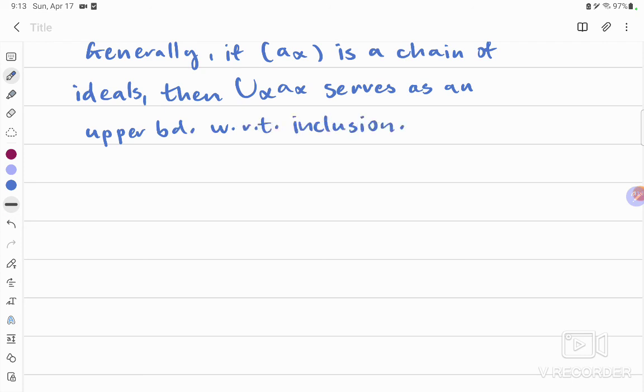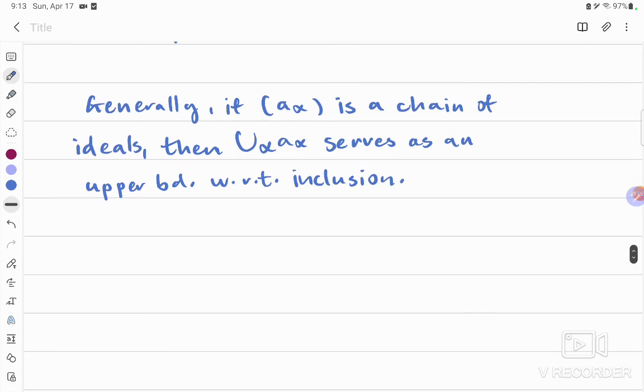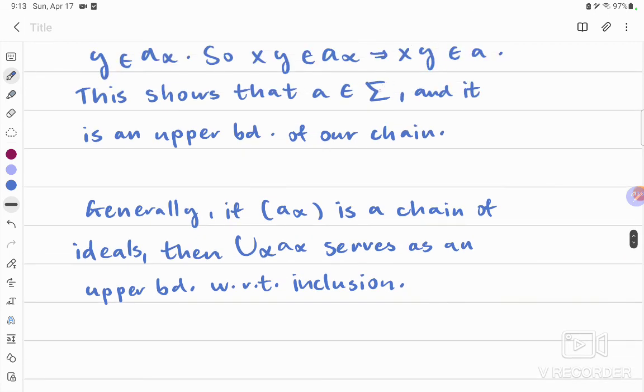And we are now ready to state our conclusion, because what we've shown is really all the machinery here: every chain has an upper bound, which is in the set in which we want to show the existence of a maximal ideal.